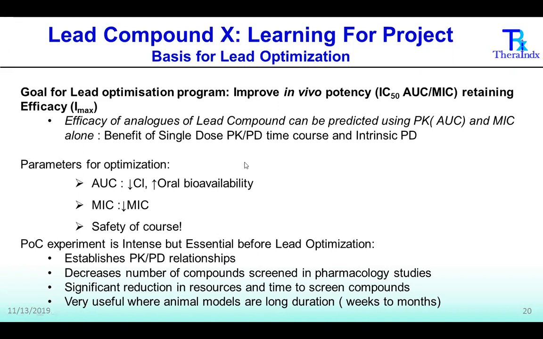This is the direct benefit of performing single dose PK/PD time course experiments. So what parameters should be optimized in the lead optimization program for this chemical series is AUC for the PK point by reducing clearance or increasing bioavailability. The second one is to reduce the MIC, that is the target potency has to be increased. And of course, one has to keep in mind the safety.